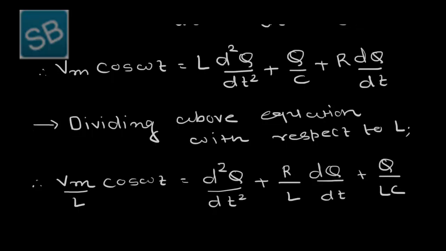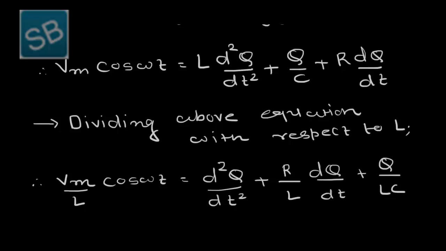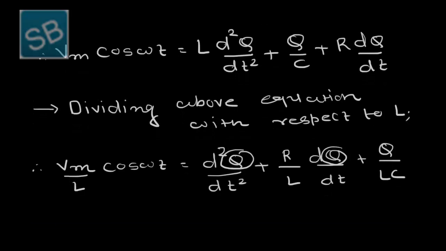And this equation is very useful because this is the differential equation for the charge q, because you see here the charge is differentiated with respect to time for which voltage has been applied. And so I can say this is the differential equation for the charge q, particularly for an AC circuit.